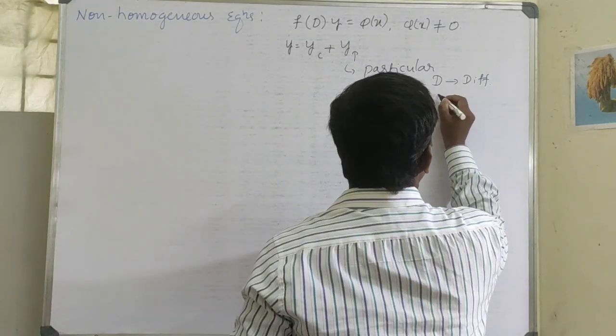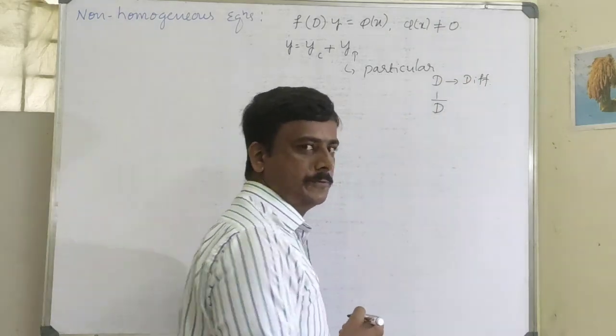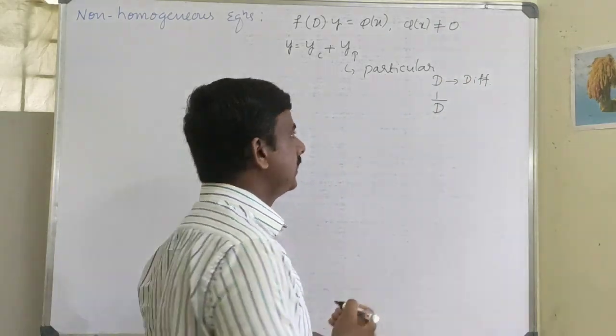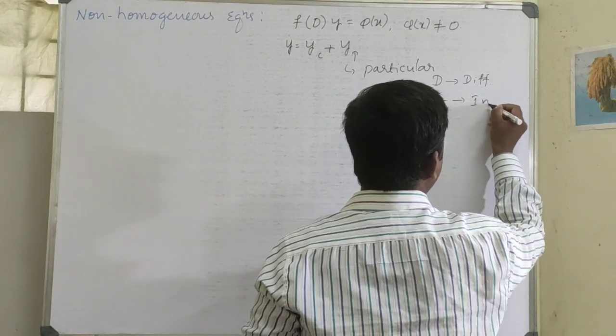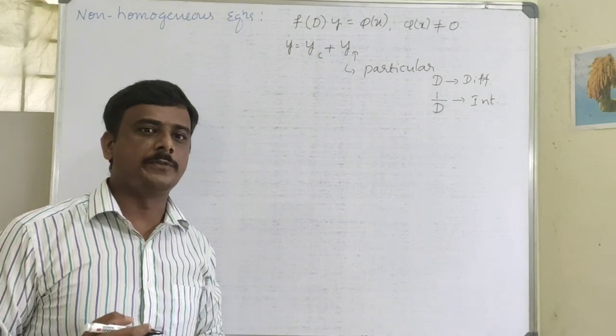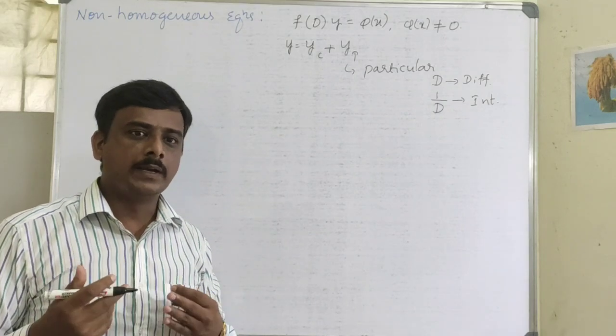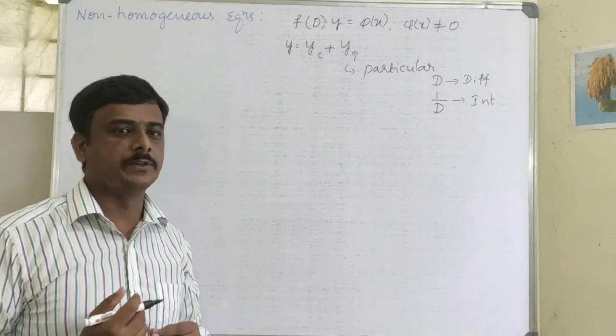If I write 1 by D, obviously 1 by D is the inverse of D, so 1 by D should be the inverse of differentiation. So 1 by D represents integration. 1 by D of f of x means you have to write the integral of that function. D of f of x means you have to write the derivative of that function.